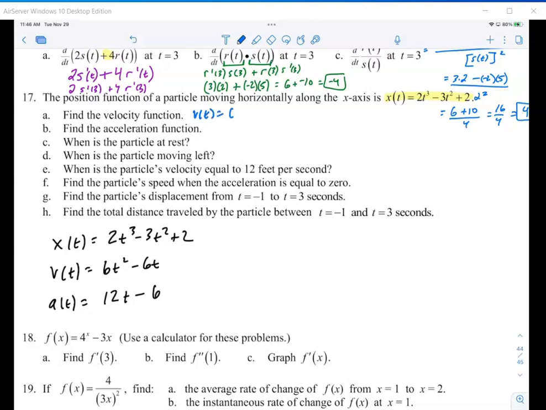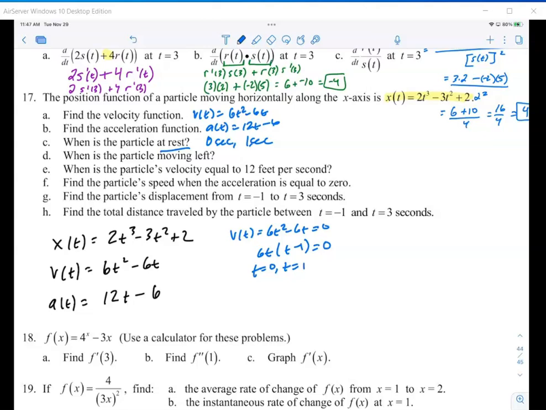The velocity equation is 6t squared minus 6t. Find the acceleration. Acceleration is 12t minus 6. When is the particle at rest? Remember, at rest means velocity equals 0. If I take out a 6t, I get t equals 0 and t equals 1. So at 0 seconds and at 1 second.